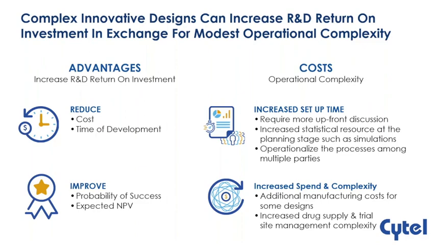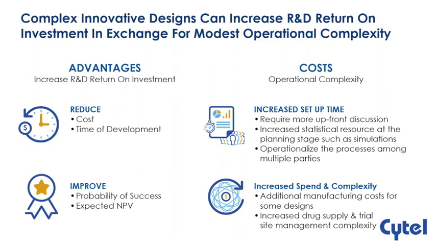Okay, so in general, at a high level, what are advantages and disadvantages of adaptive design? Adaptive designs and master protocols can reduce cost and time of development, and they can improve probability of success. Now, reducing cost and time of development usually comes together.